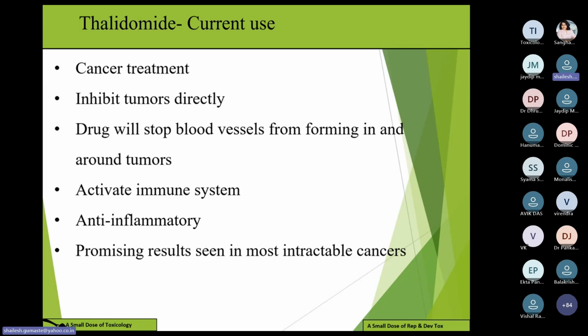So it also blocks the activity of tumor necrosis factor, which causes the inflammation of skin conditions like erythema nodosum leprosum. Due to this potential to cause severe birth defects, thalidomide is available only through special restricted distribution programs called thalidomide REMS.